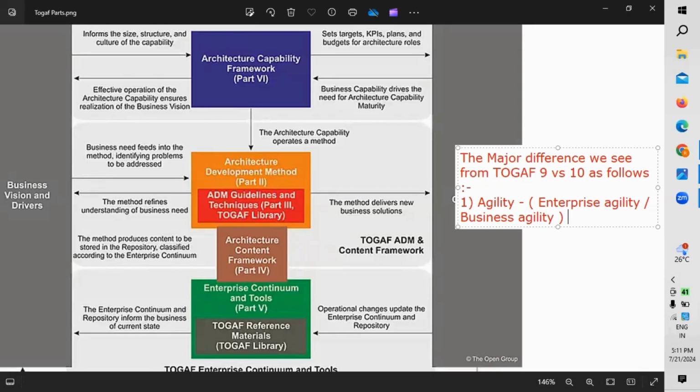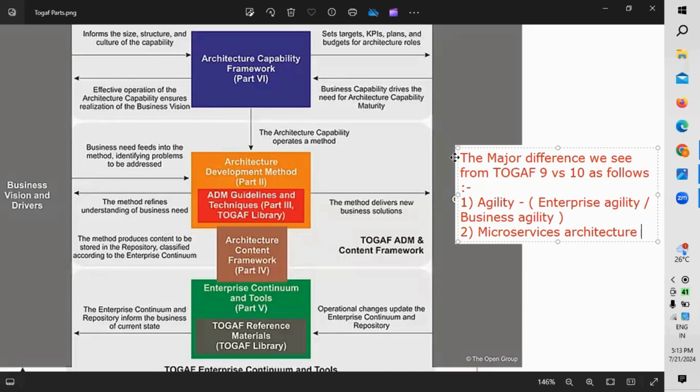So agility is one difference you see when we are taking 10 into consideration. Point number one. As I mentioned, agility majorly focuses on enterprise as well as business agility.